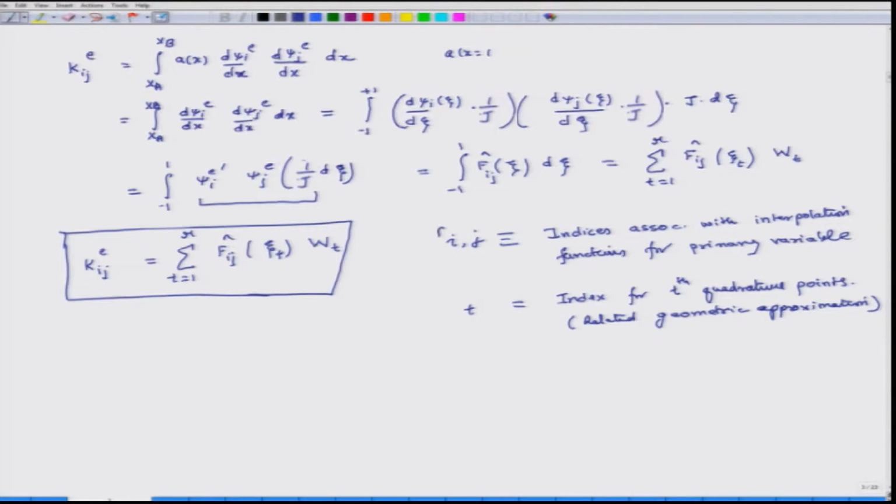So, if i and j vary from 1 to 4, then this gives us the value of m, we saw it last week, and this gives us the value of n. And if m equals n, then what kind of formulation is this? Isoparametric formulation. If m is less than n, then it gives us subparametric formulation, and if m is more than n, then it gives us superparametric.